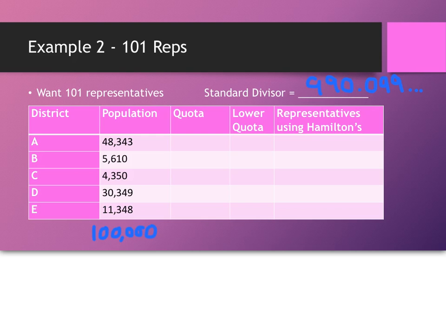What we're going to see is we're going to get a certain quota. Now the quotas have changed because of the different divisor, and here's how they've changed. Quota for District A is 48.826. Let me write that down. 48.826. For District B, 5.666.